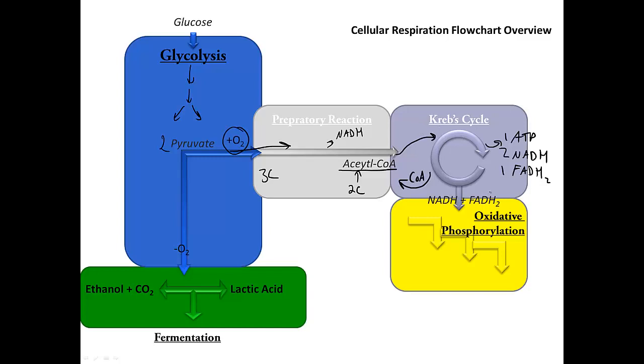The FADH2 and the NADH feed their high-energy electrons into the electron transport chain in the inner mitochondrial membrane, causing a series of redox reactions that pump protons. Those protons build up force to then generate energy for ATP synthase to create ATP.